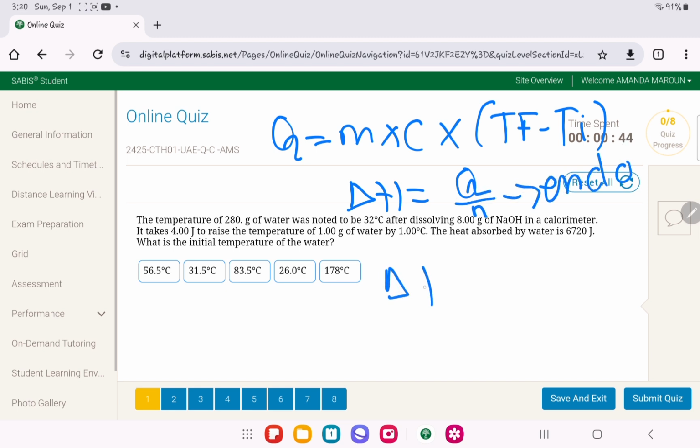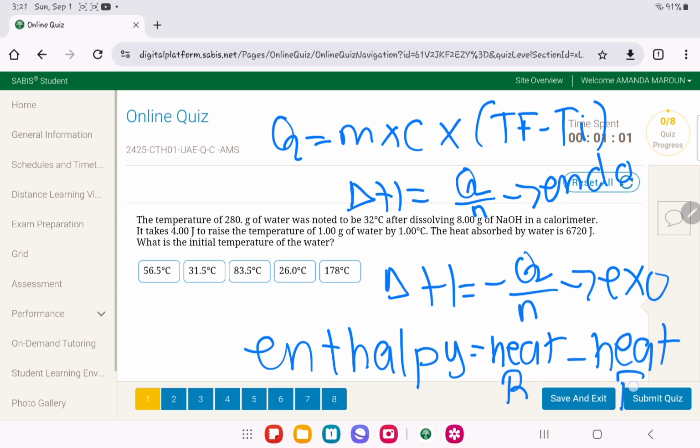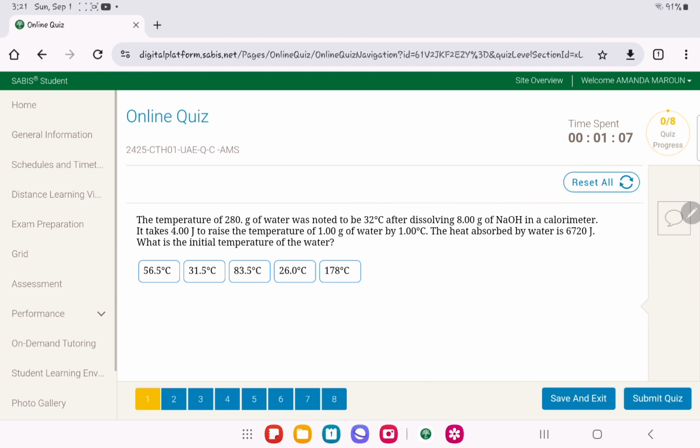And then we have delta H is equal to negative Q over N. This is if it is exothermic. And then finally we have the enthalpy. It is the heat of reactants minus heat of product. So these are the 1, 2, 3, 4 equations that we need for this exam.